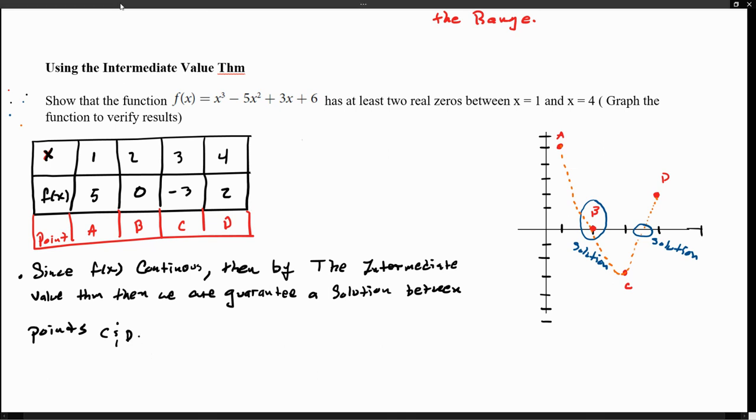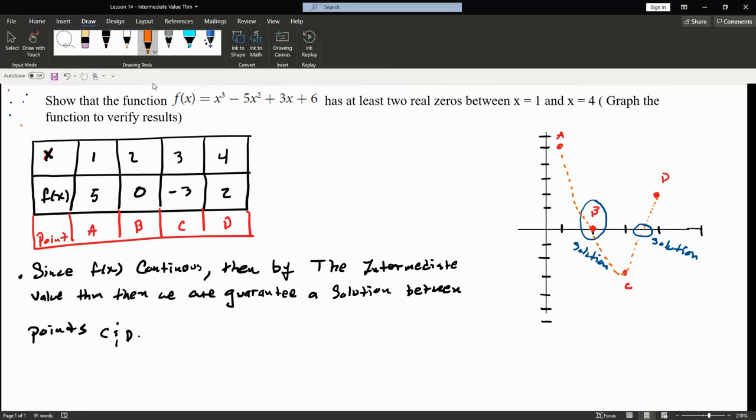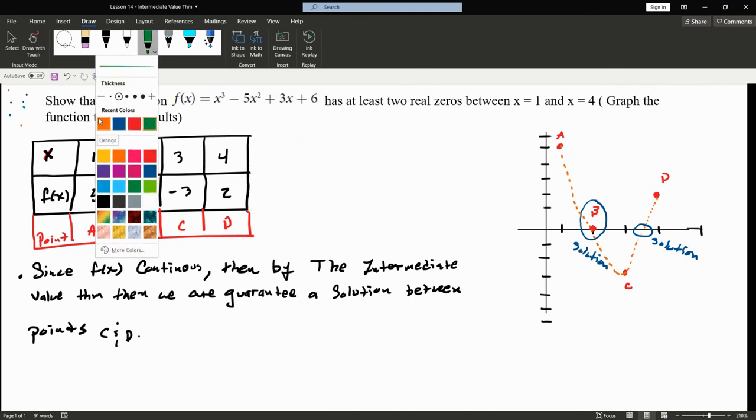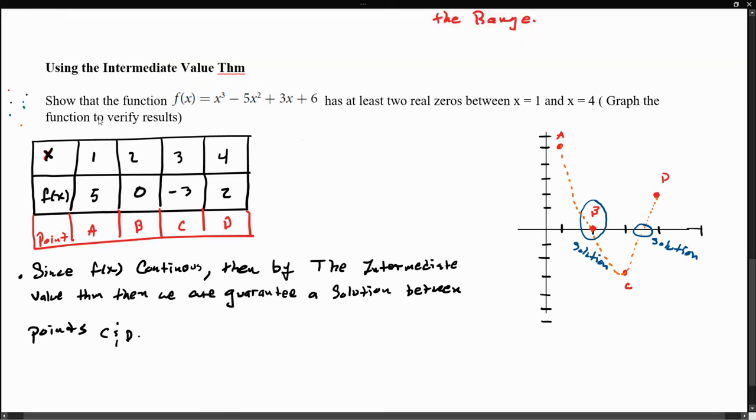Well, another way to interpret this is the following. Just take a look at the y values. At least for point C, we have a negative y value. And for point D, we have a positive y value.